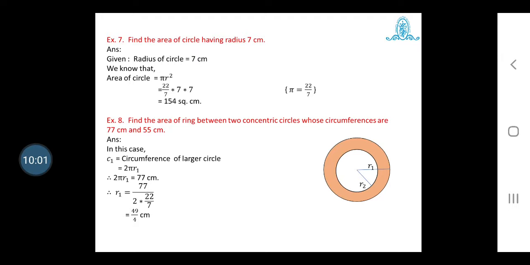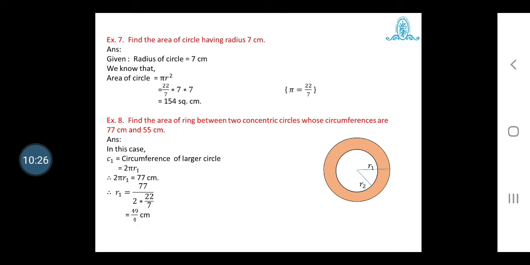So this 7, the denominator of the denominator, itself goes to the numerator, and if we multiply, 11 2s are 22 and 11 7s are 77. So 7 multiplied by 7 is 49 upon 2 into 2 is 4 is the R1. R1 is the radius of larger circle. We get 49 upon 4 centimeter.